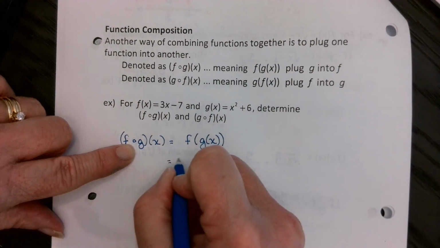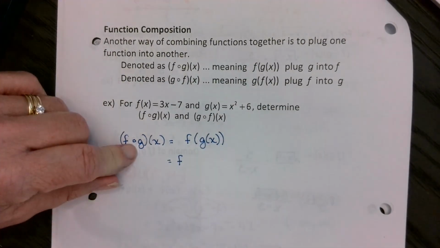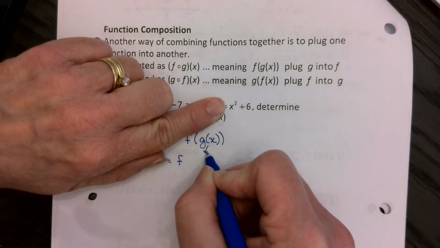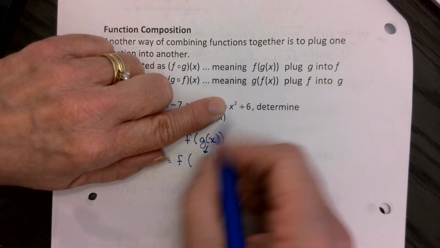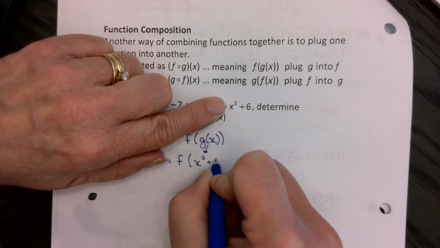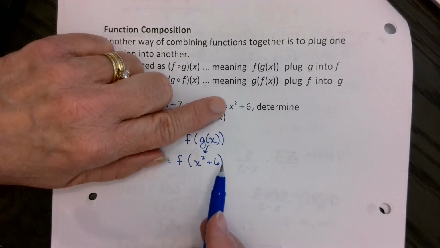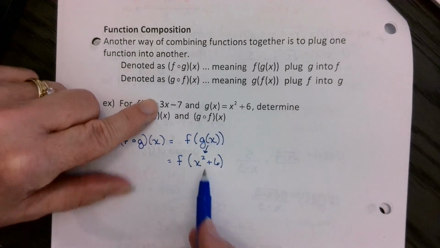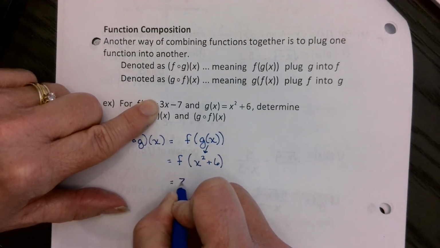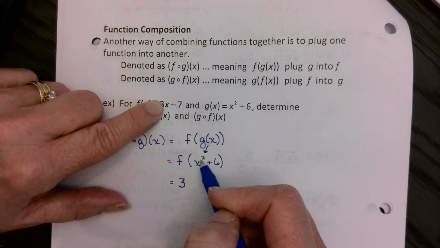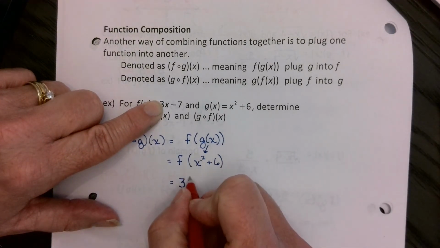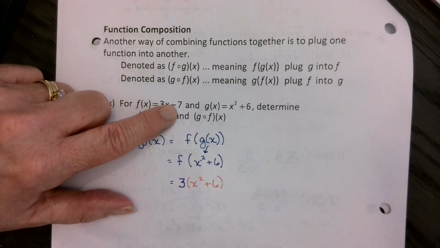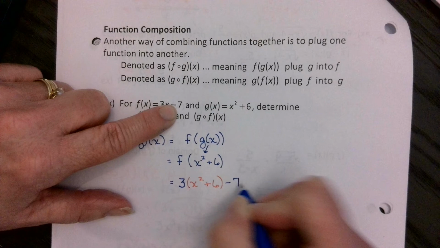Again, I take my f of x and replace my x with my g of x, which is x squared plus 6. So I take out my x and replace it with x squared plus 6. Don't forget about the minus 7. I see that all the time.